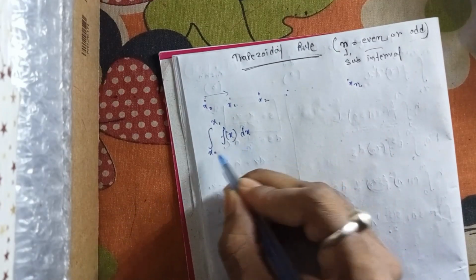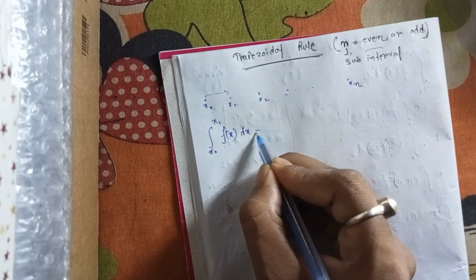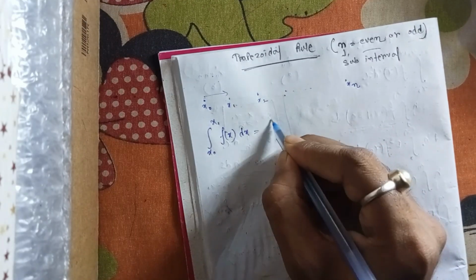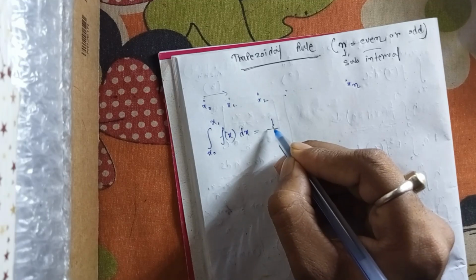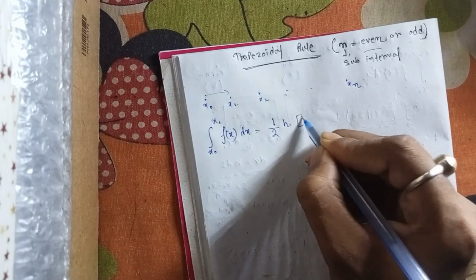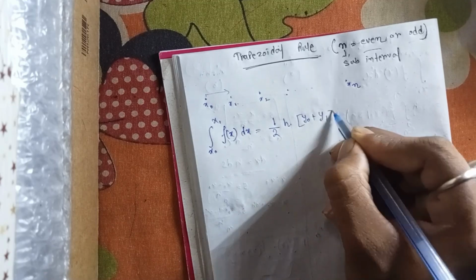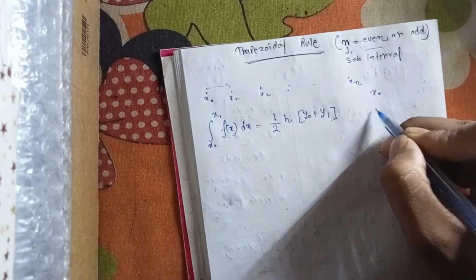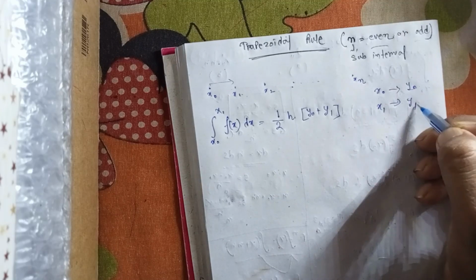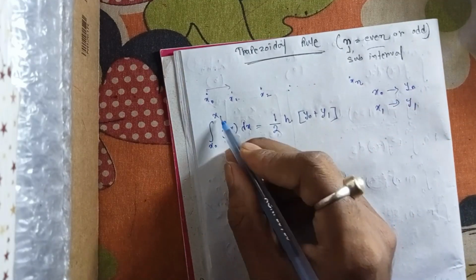So this is the integration from x0 to x1. So the formula for the trapezoidal rule is h by 2 into y0 plus y1, means for x0 and x1 we have y0 and y1. So for 2 points, this is our main normal formula.